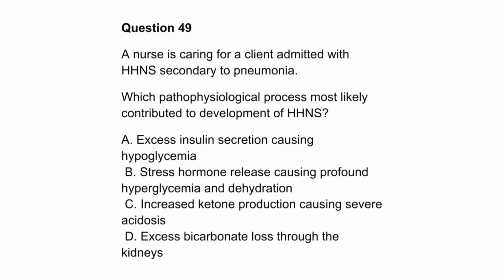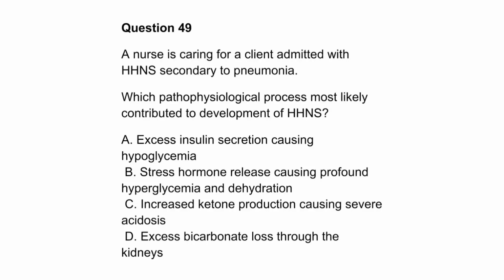Question 49. A nurse is caring for a client admitted with HHNS secondary to pneumonia. Which pathophysiological process most likely contributed to development of HHNS? A. Excess insulin secretion causing hypoglycemia. B. Stress hormone release causing profound hyperglycemia and dehydration. C. Increased ketone production causing severe acidosis.